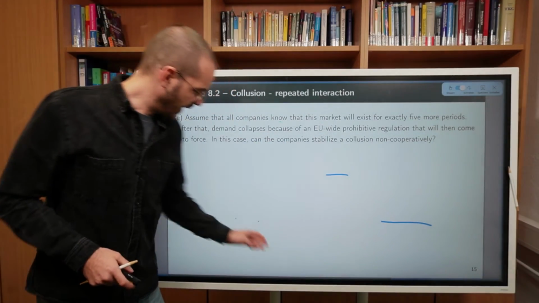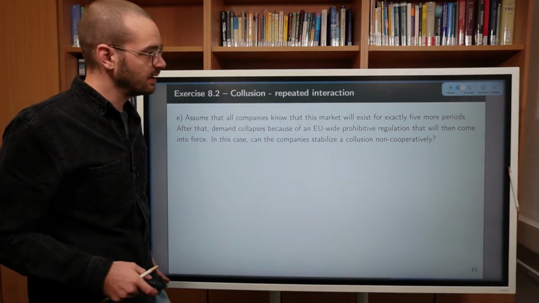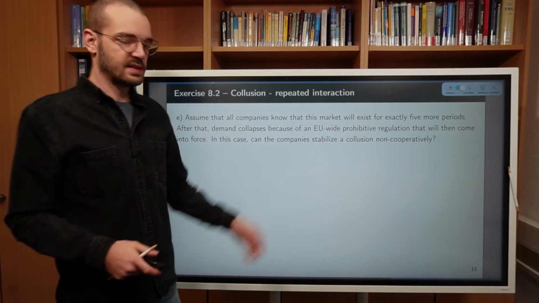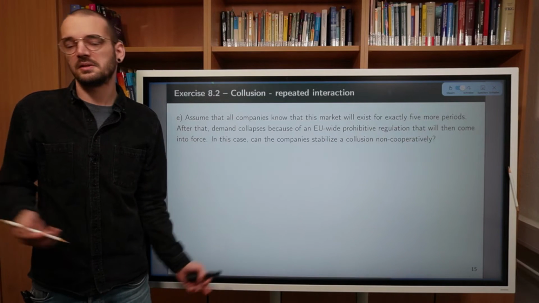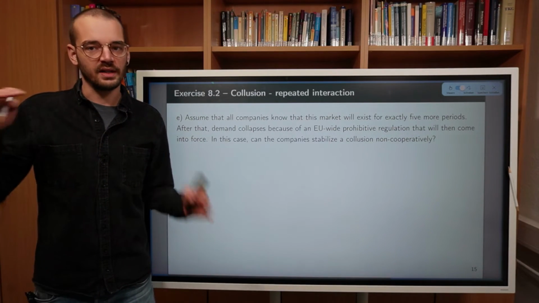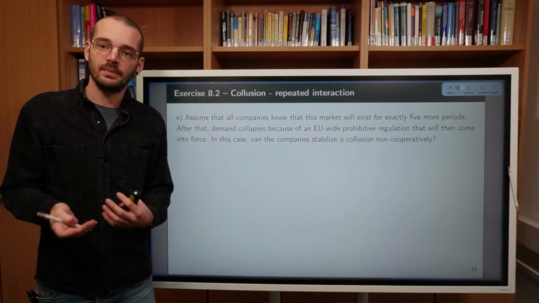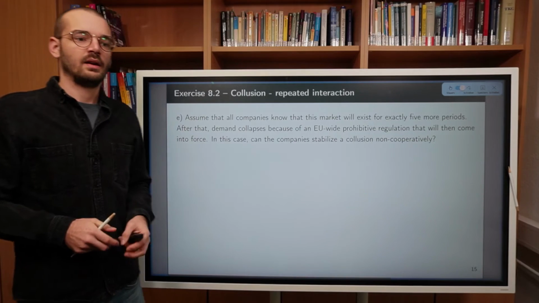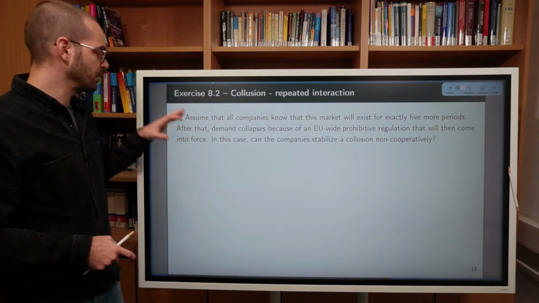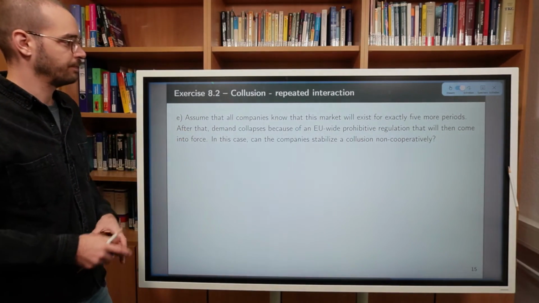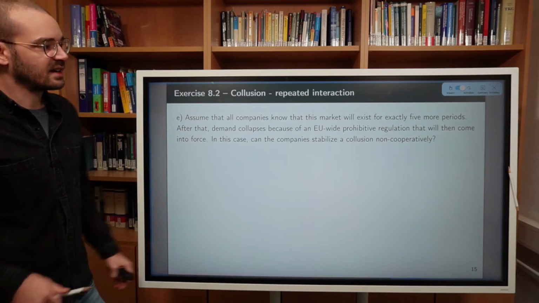Okay, now let's talk about what probably already is in your minds. That is, we have assumed that this market exists for periods 0, 1, 2, 3 until some capital T, which implies that there is a final period, capital T. Now that's a problem, and why that is a problem becomes maybe more obvious once we go through the solution to task E. So we assume that all companies know that this market will exist for exactly 5 more periods.